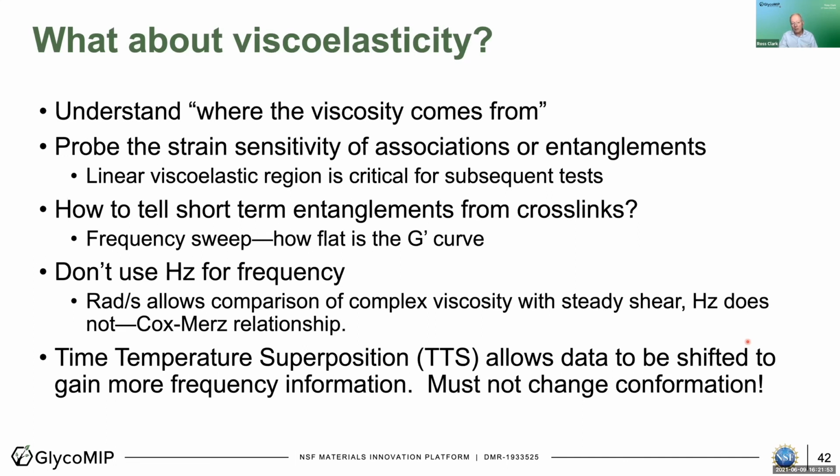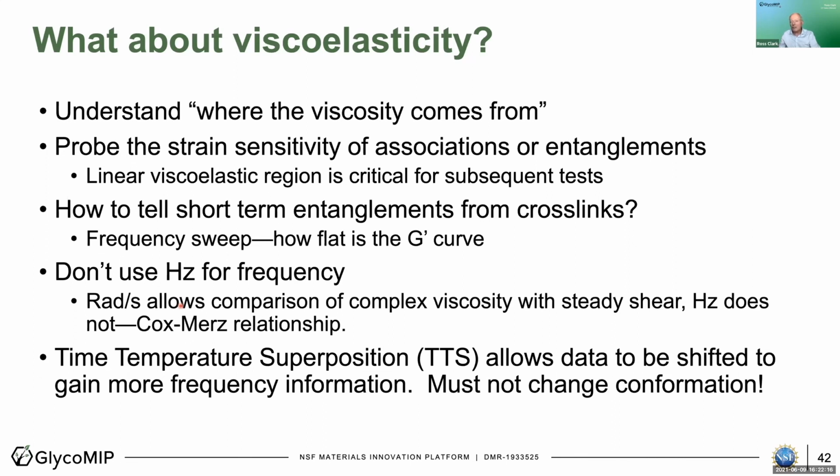If your frequency sweep, your G prime curve, is very flat, well, that's telling you your entanglements last for a long time. This point on here, I think it bears mention again: please don't use hertz for frequency. That is the unit that frequency is most often expressed in. But there's something called the Cox-Merz relationship that's been established for eons.